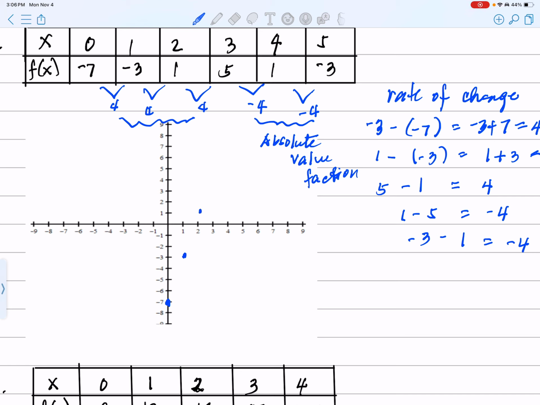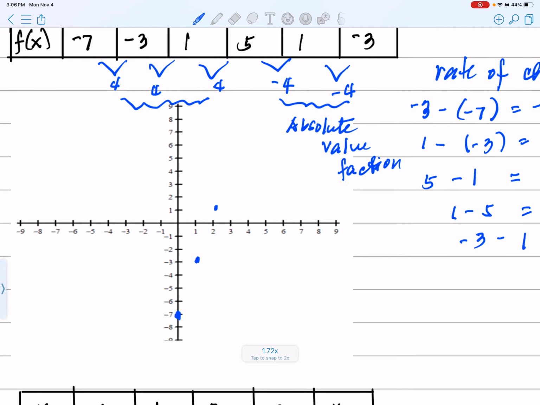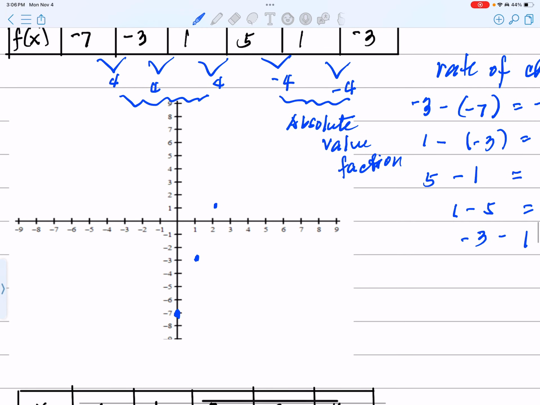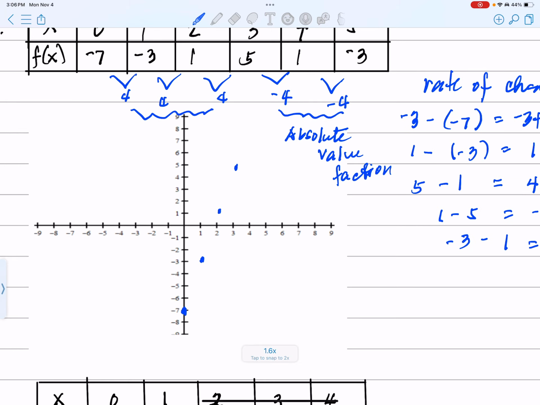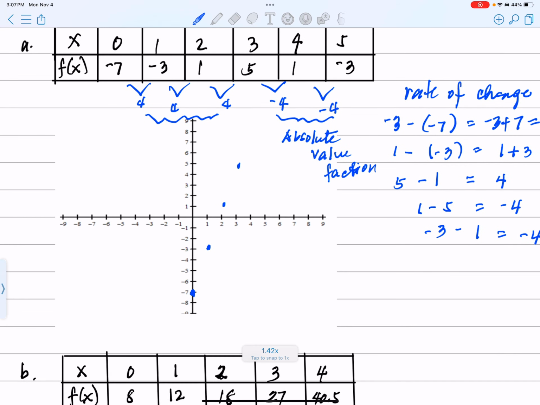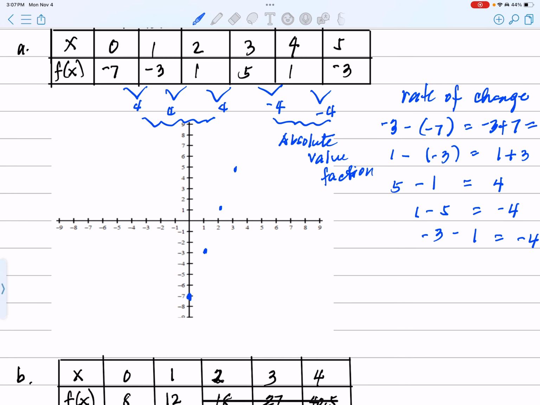When x is 3, it is 5. When x is 4, it's 1. When x is 5, it's negative 3.